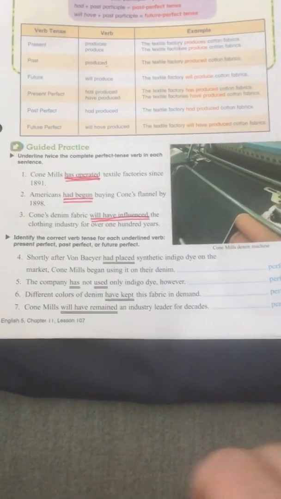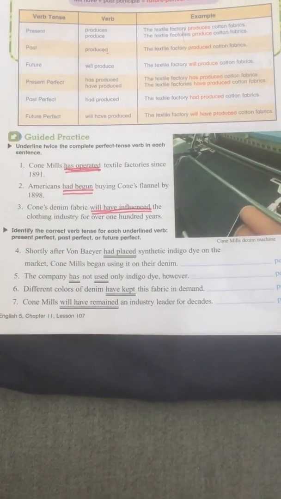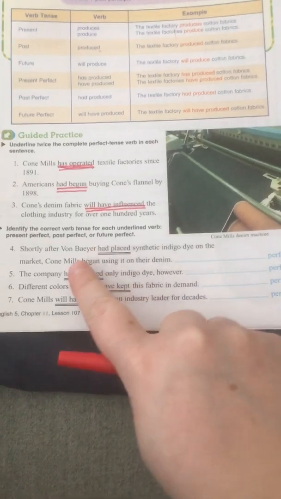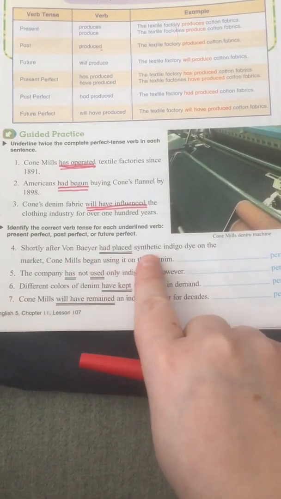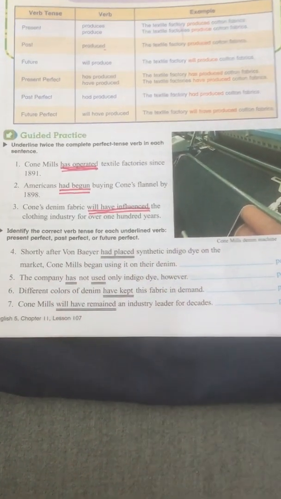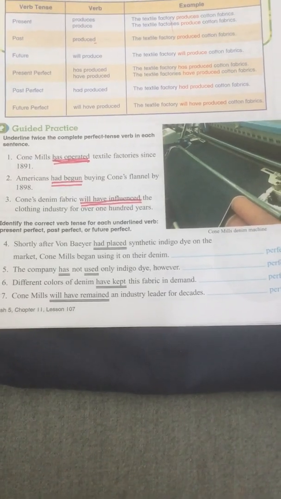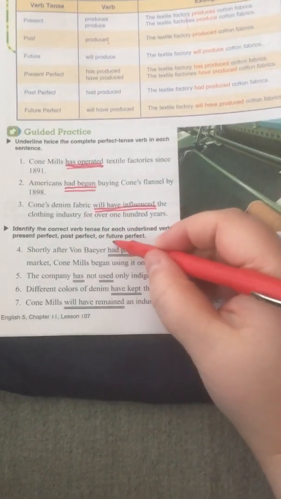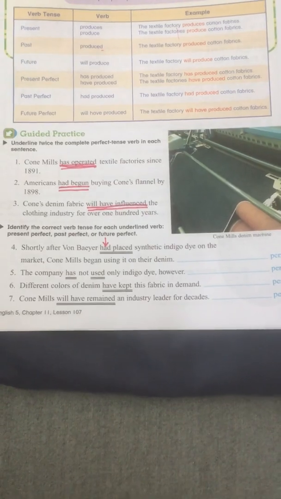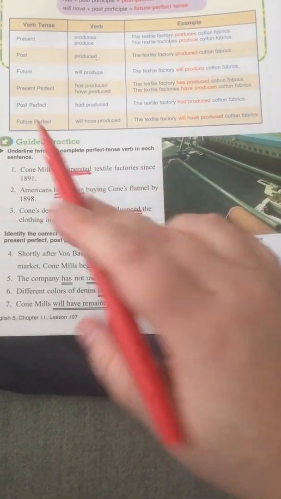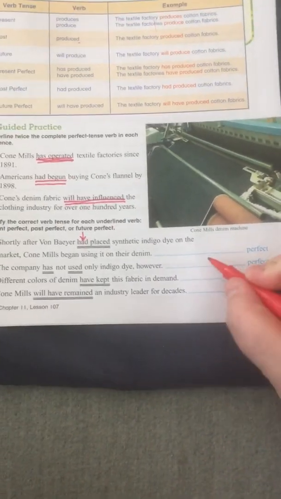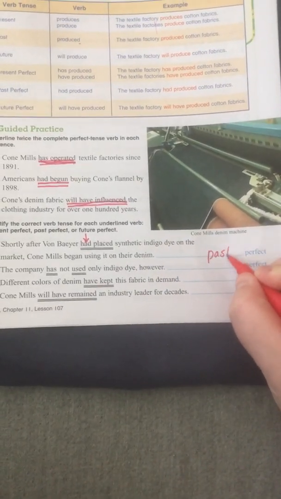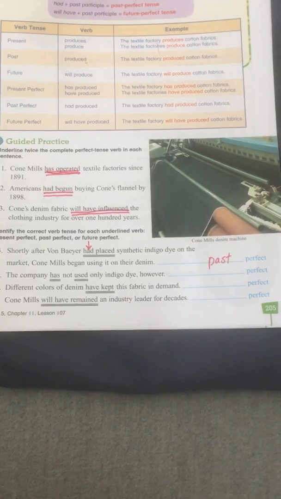The first one: shortly after von Bayer had placed synthetic indigo dye on the market, Cone Mills began using it on their denim. So had placed, again, we're looking at this word, had. Had is the past perfect. They already have perfect, so we're going to add past. It's the past perfect form of the verb.